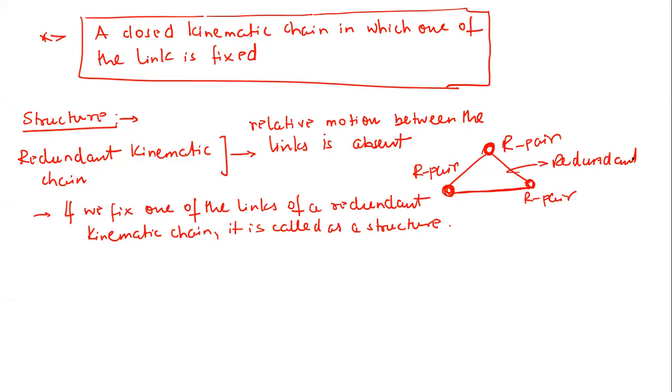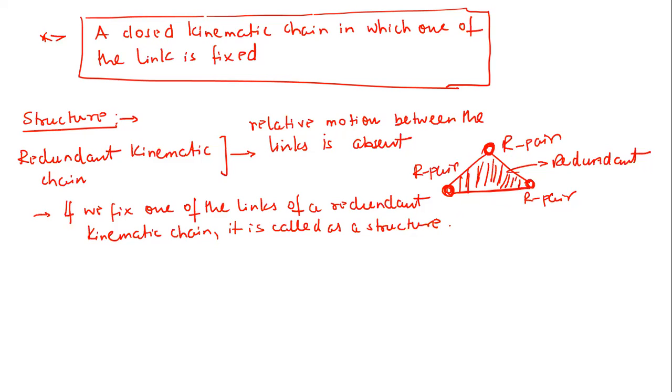Now what we do? Since there was no relative motion between the links, can I consider this entire combination of three links as a single link, a single ternary link?